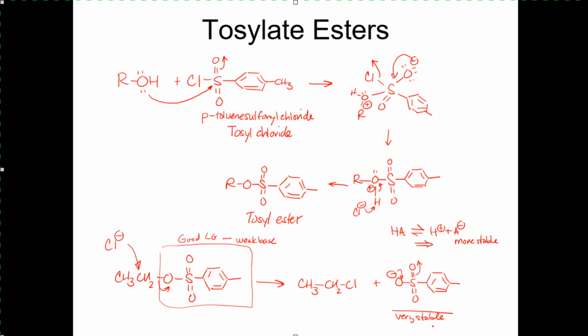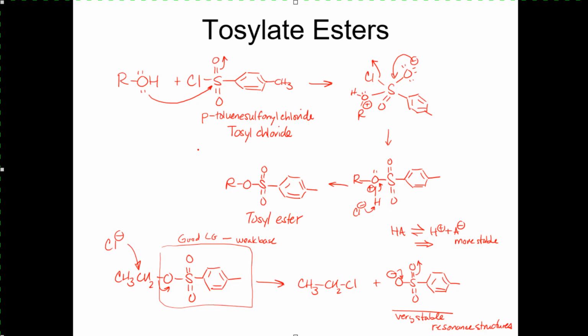So it's very stable because it has lots of resonance structures. Okay, so that's why it's a great leaving group, because it's a very weak base. Why is it a very weak base? Because it's very stable due to its resonance structures.